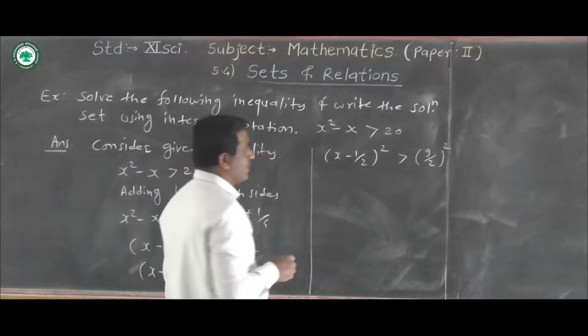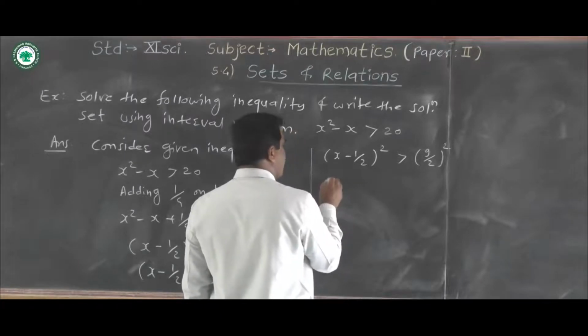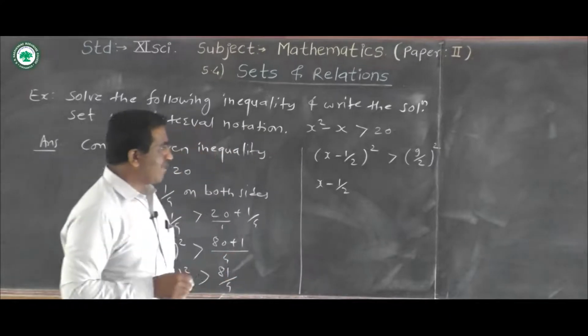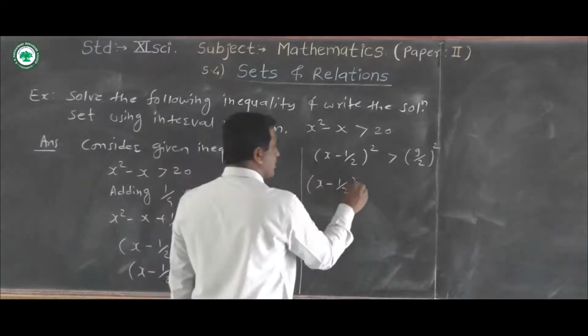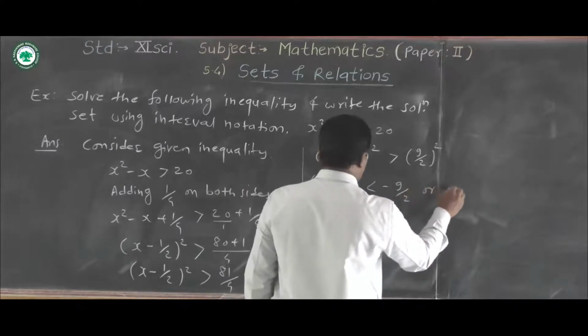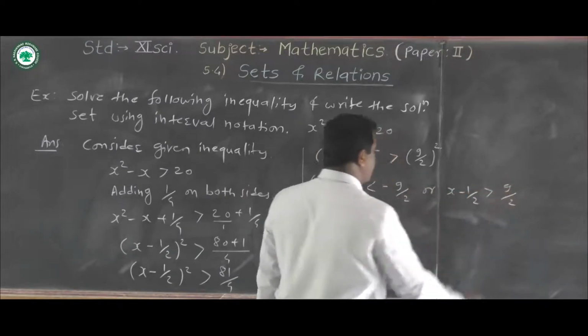Now here, taking square root on both sides, we get plus or minus 9 by 2. Then we can write x minus 1 by 2 is less than minus 9 by 2, or x minus 1 by 2 is greater than 9 by 2.